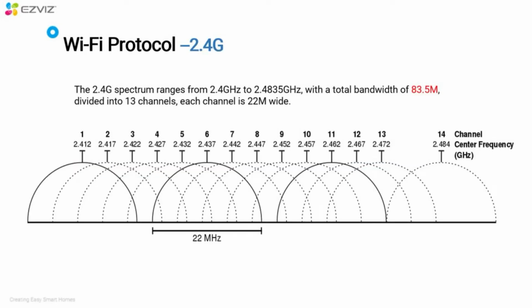And about the 2.4 GHz, the spectrum ranges from 2.4 GHz to 2.4835 GHz, with a total bandwidth of 83.5 MHz. And it's divided into 13 channels, and each channel is 22 MHz wide.